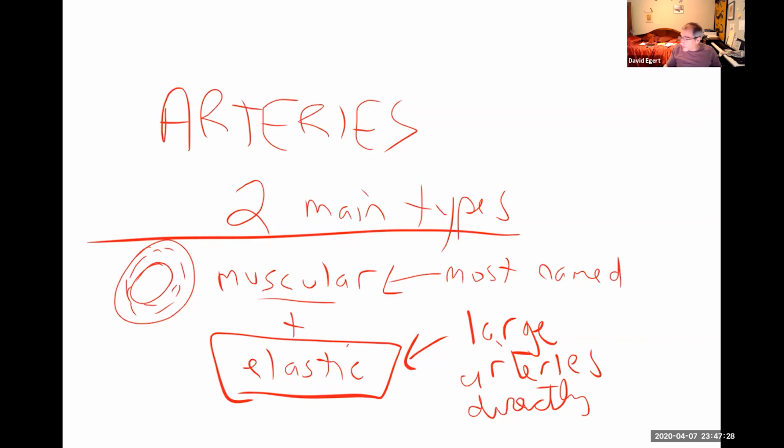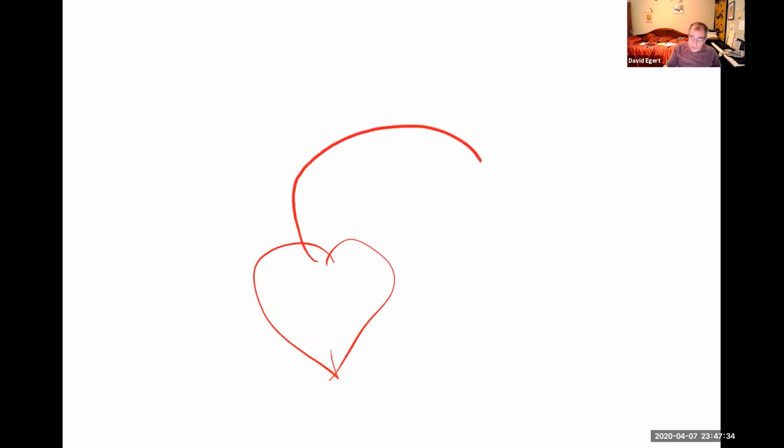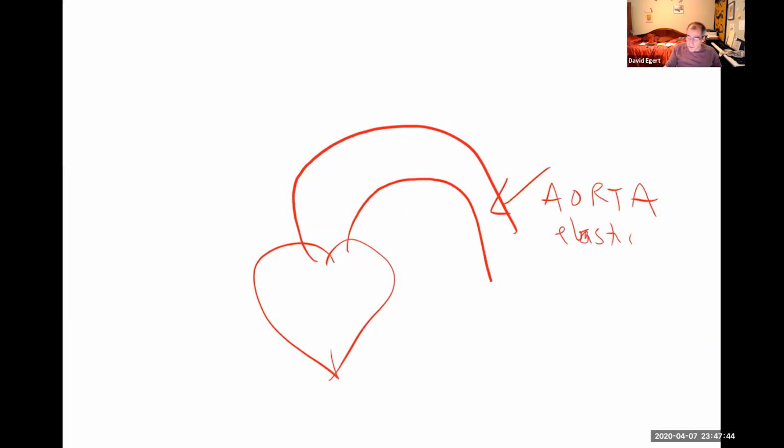So if you think about it, here's the heart, here's the aorta. This is an elastic artery. And why is it, I know at least one person, Paloma, will know this because we talked about this in physiology.